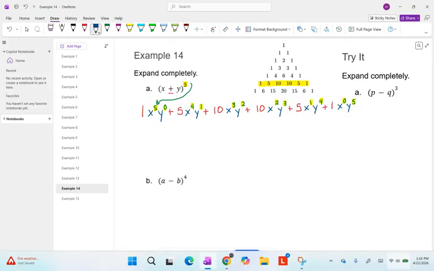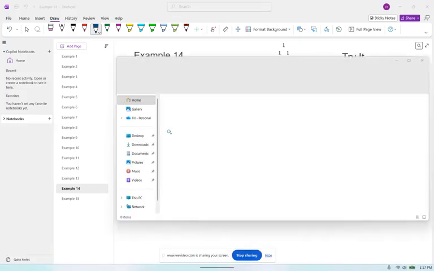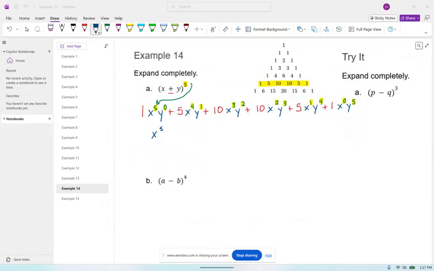And then we're going to clean things up a little bit. It's not wrong the way that it's written here, it's just not clean. So if I have a 1 as a coefficient, I don't need to put that. Anything raised to the 0 is just 1, so y to the 0 is just 1. So in this first term, instead of writing 1, x to the fifth, y to the 0, we can just write x to the fifth. Then for our second term, we'll have 5, x to the fourth, and then we have y to the first, but we can just write that as y.